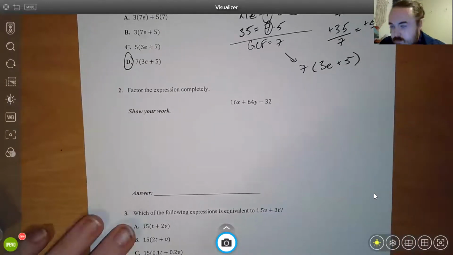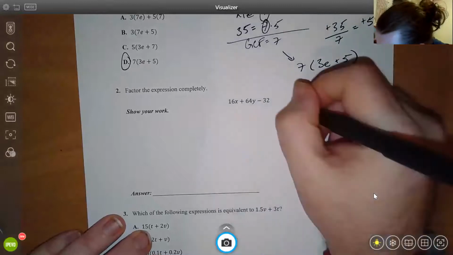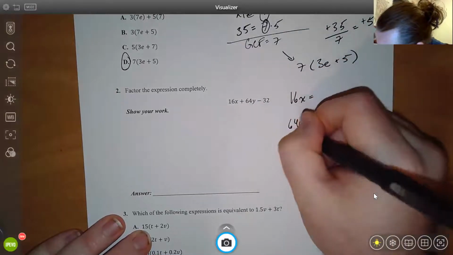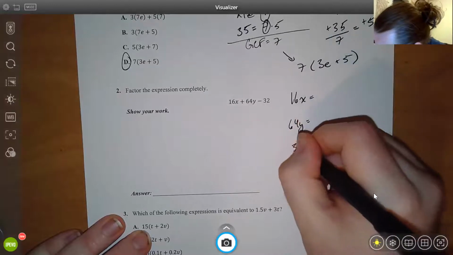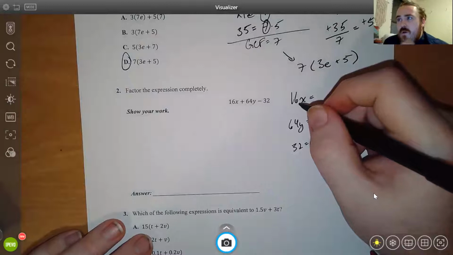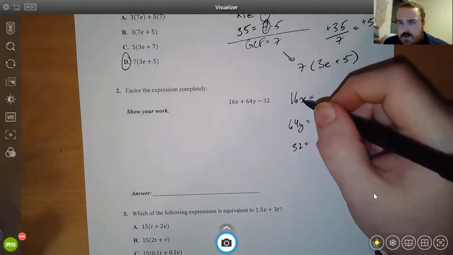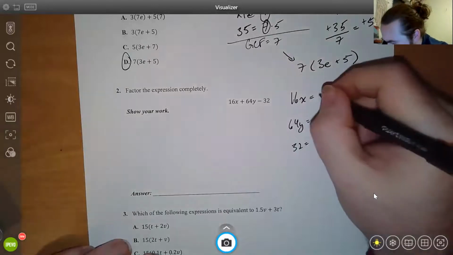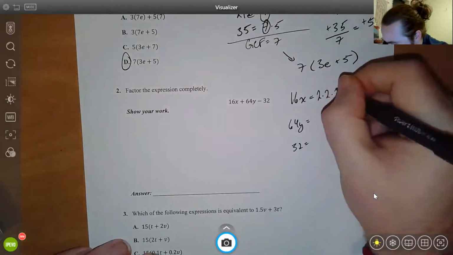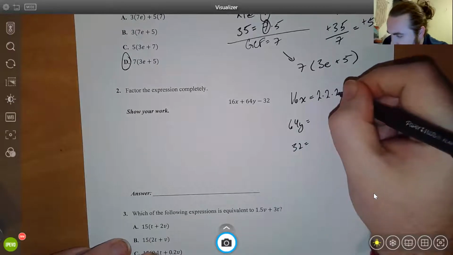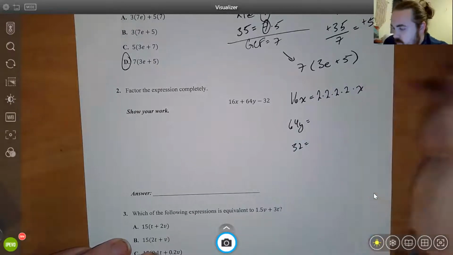All right, number 2, factor the expression completely. Again, looking for the GCF. Let's break these down. 16x and 64y. 16x, well, 16 is 4 times 4, and 4 is 2 times 2. So that's 2 times 2 times 2 times 2 times x. 2 times 2 would be 4, times 2 would be 8, times 2 would be 16, times x would be 16x.